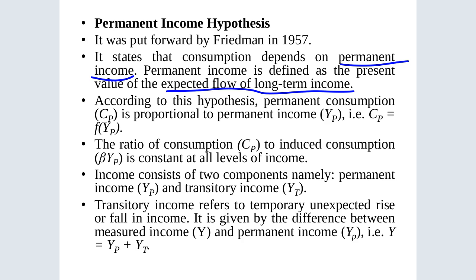We have the permanent income, and we also have the transitory income. The transitory income refers to the unexpected rise or fall in income, which is simply given by the difference between the measured income and permanent income. That gives you the transitory income.